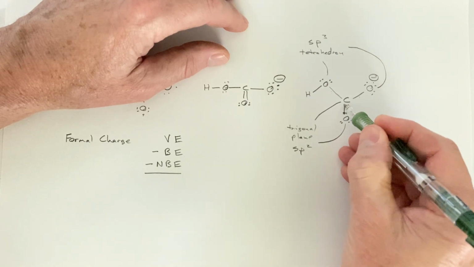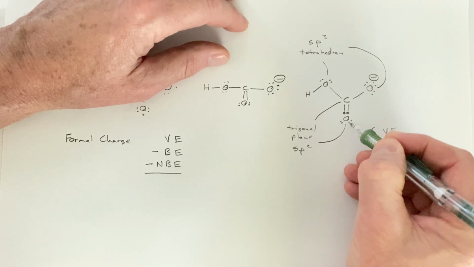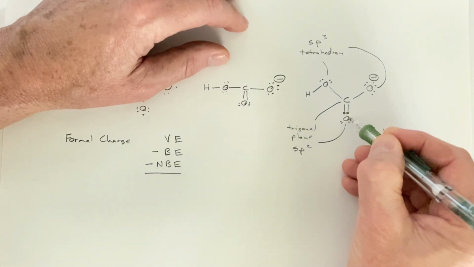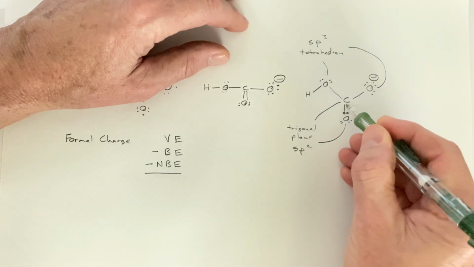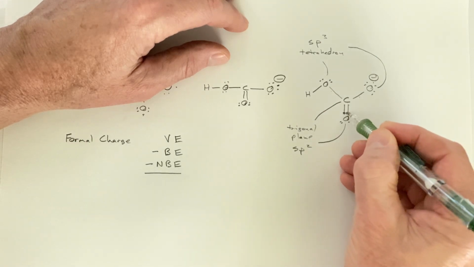Again, these 2 electrons that came from the carbon atom are in oxygen's orbitals, but we are computing formal charge, and we are only concerned with the electrons that are actually around the atom. So although the oxygen atom has these 2 electrons from carbon in its orbital, we are only concerned with the electrons that oxygen brought to those bonds.